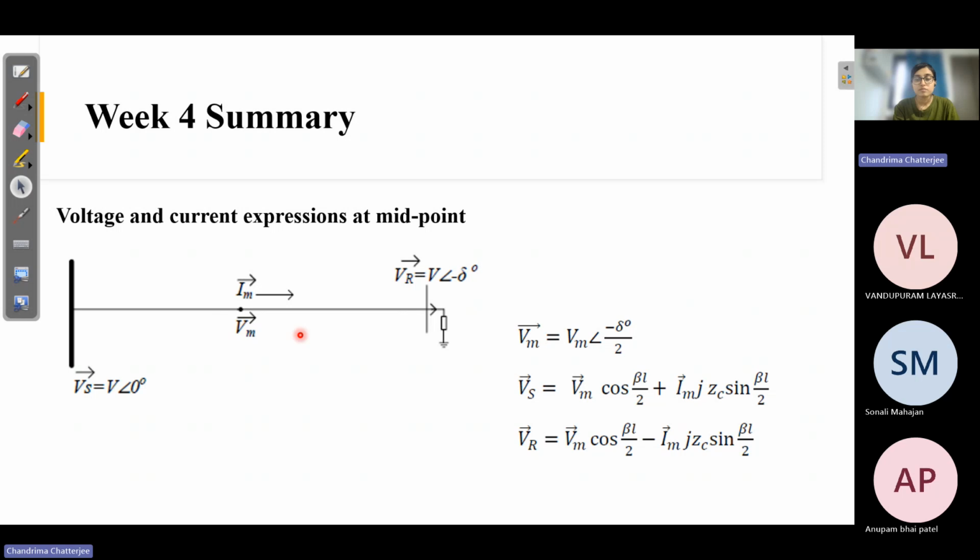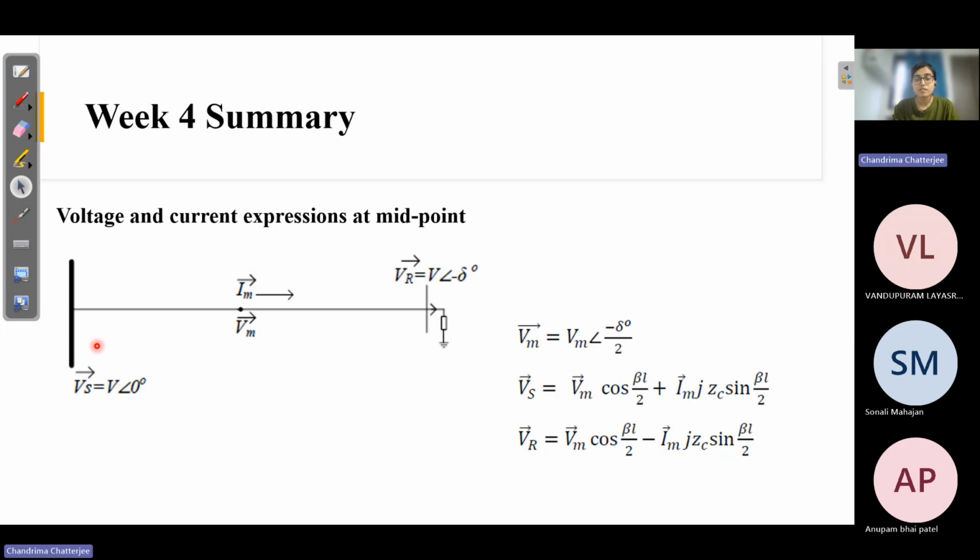So first of all, we need to take a reference, right? So if we want to represent the midpoint voltage as a phasor, then we shall represent it like this: Vm, which is the amplitude, and the angle is minus delta by 2. So the sending end voltage is V0, and the receiving end is V minus delta, and the midpoint will be Vm minus delta by 2.